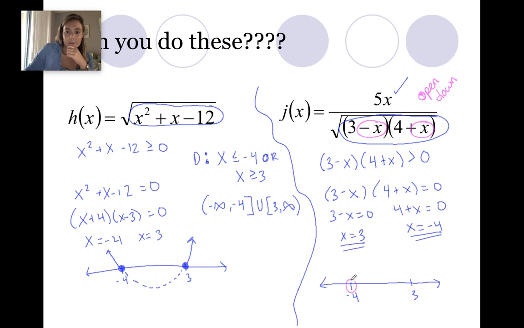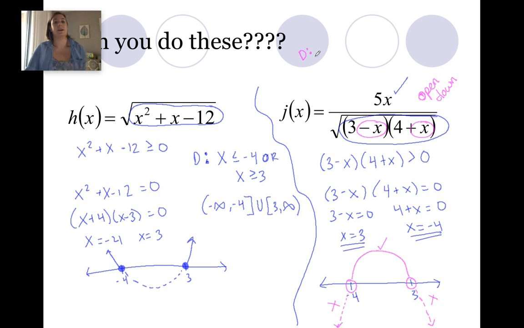So it can't equal these because it can't equal 0 because of that division. It can't be this. Whoa. It can be that. Can't be this. Now this is okay, but these aren't. That's where opens up versus opens down is important. And that's why I'm so big into this visual picture of it.